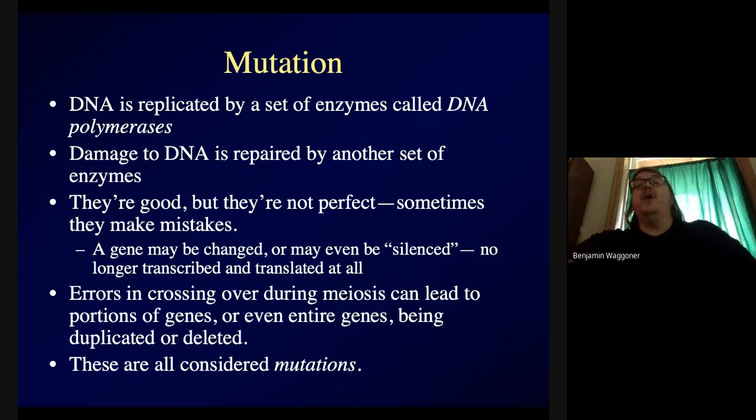You can also, because of mistakes in crossing over during meiosis 1, sometimes get portions of genes deleted or duplicated, sometimes even entire genes or entire sections of chromosome may get duplicated or deleted. All of those are what we call mutations. Any kind of error in DNA replication that gets passed on is a mutation.